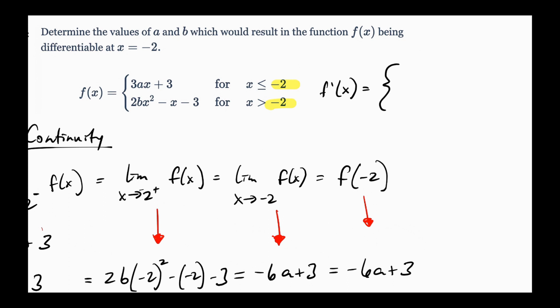So the derivative for the first one is just 3a, for x less than or equal to -2. The next one's going to be 4bx minus 1, because I used the power rule for that one.